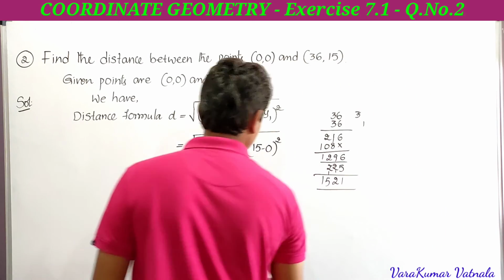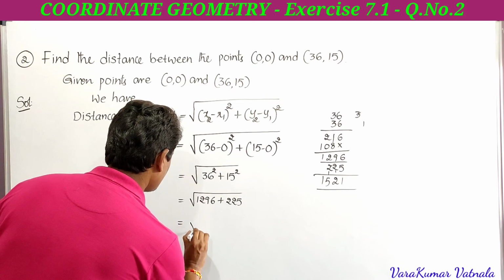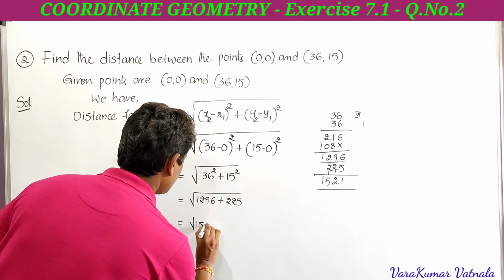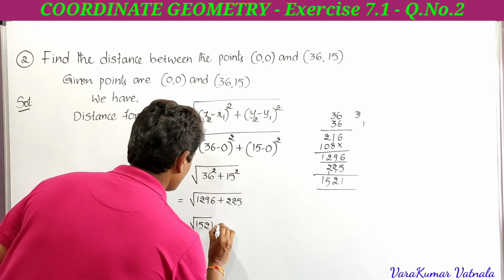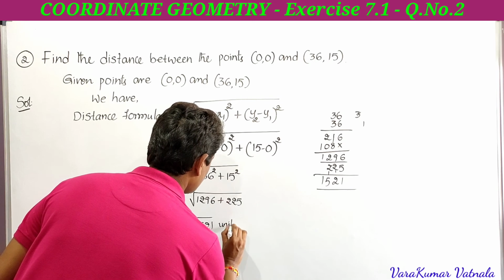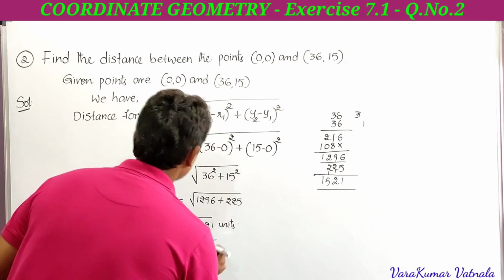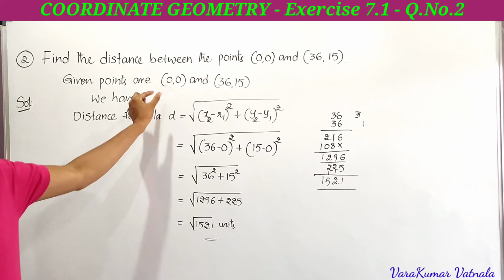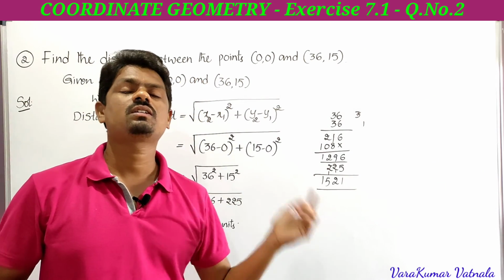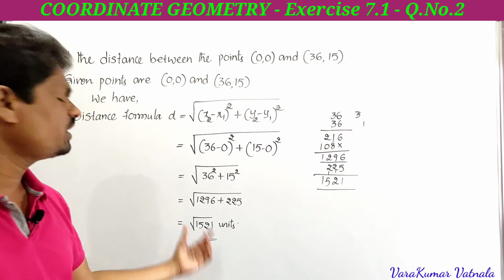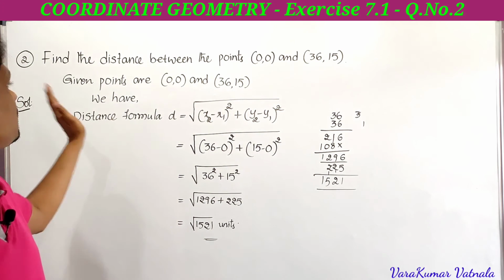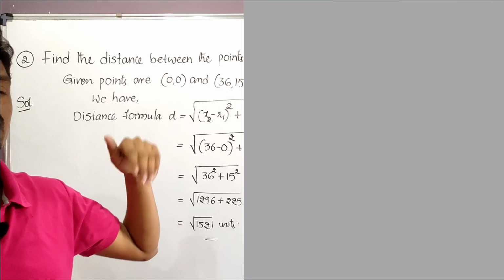So the square root of 1521 units. This is the distance between the 2 points 0, 0 and 36, 15. This is the second problem in the first exercise.